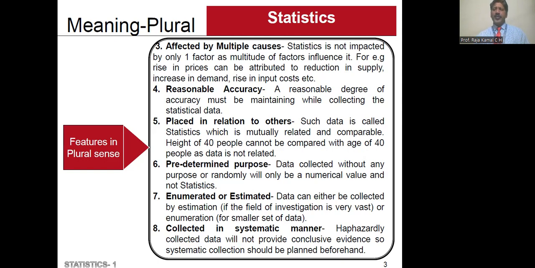Suppose, for example, a person used to eat 10 idlis for breakfast. Slowly he started reducing, from 10 to 5, 5 to 4, 4 to 2. There may be a factor which was influencing the person not to eat more.